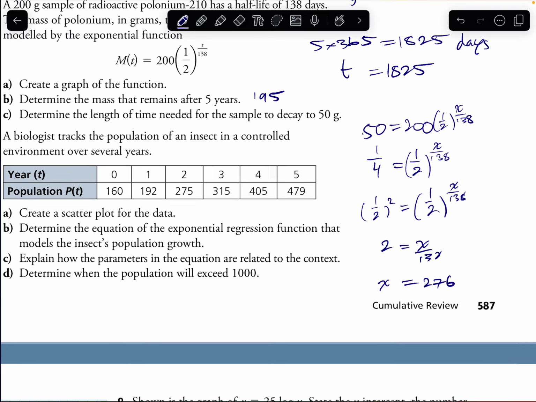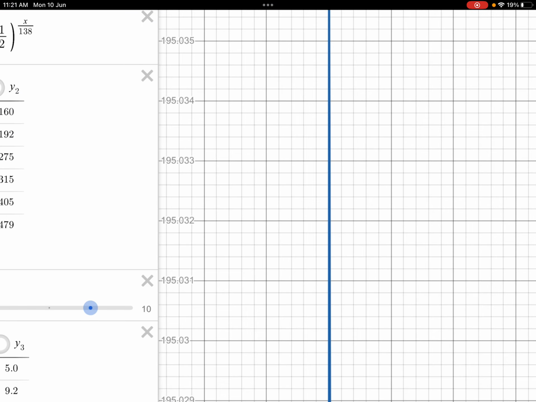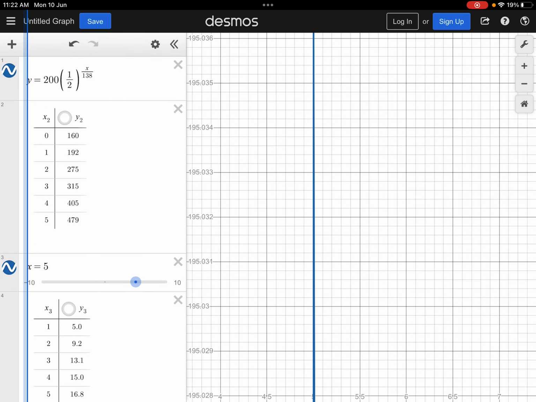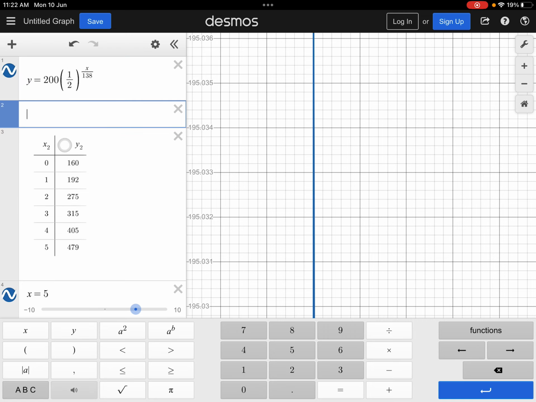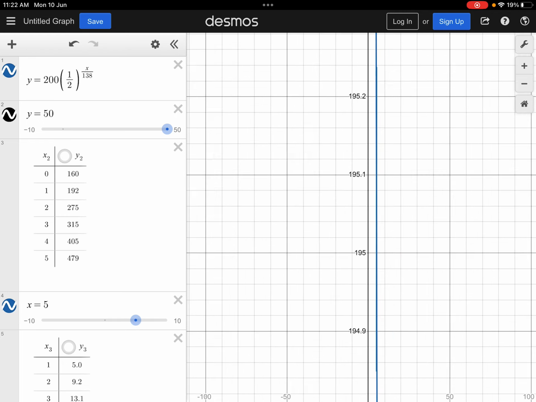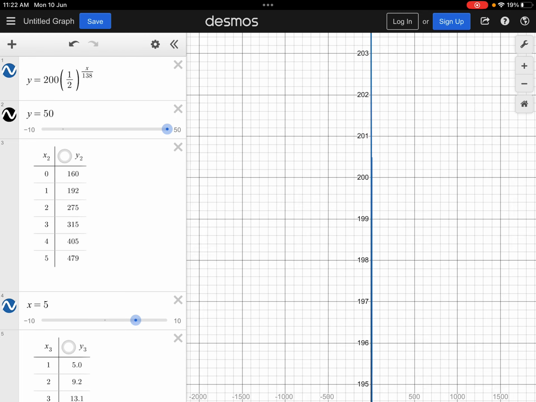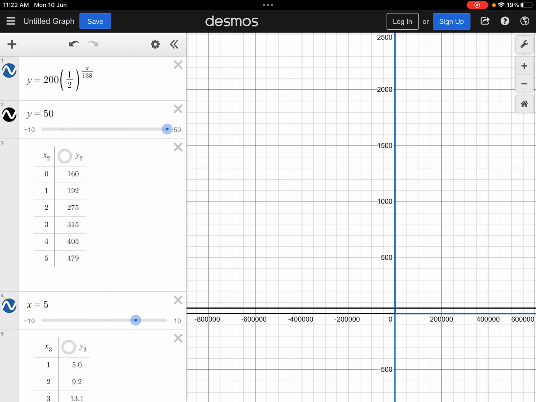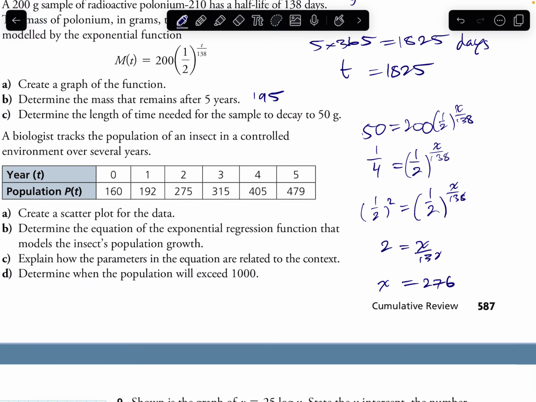Or you can come to this and put in y equals 50. Zoom out and find that, and that's 276. So either way you get the answer of 276.